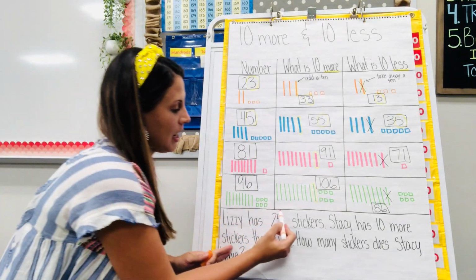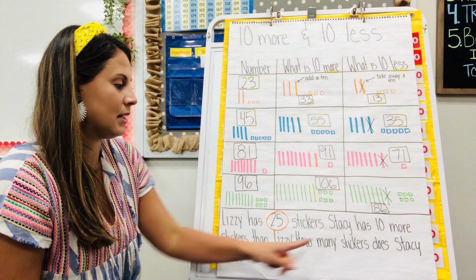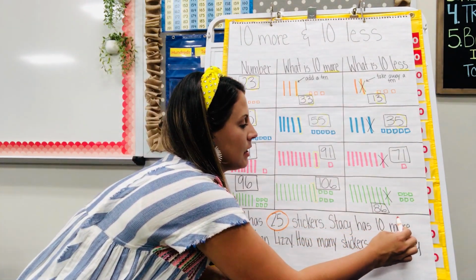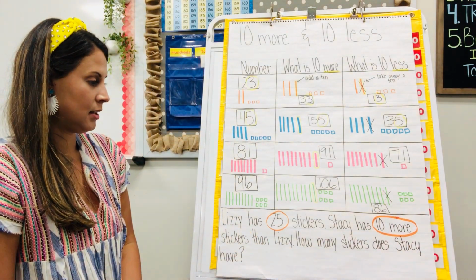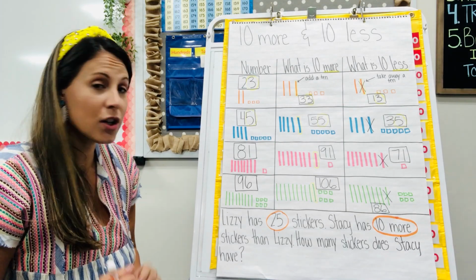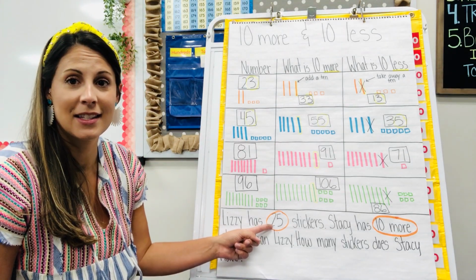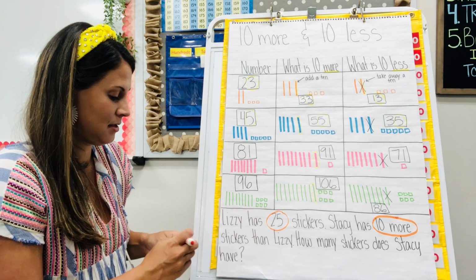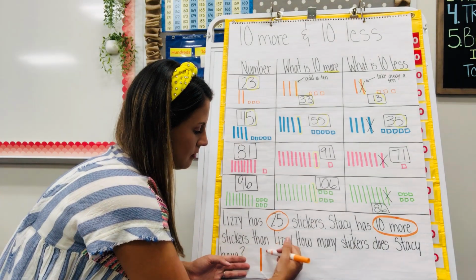If Lizzie has 25 stickers and Stacy has 10 more stickers, how many does Stacy have? So my first step is I need to draw what Lizzie has, 25. Let's draw 25.